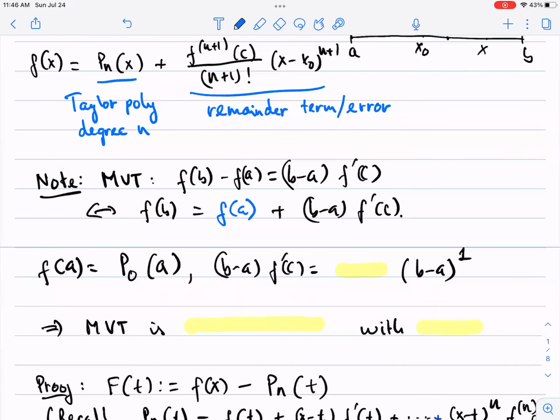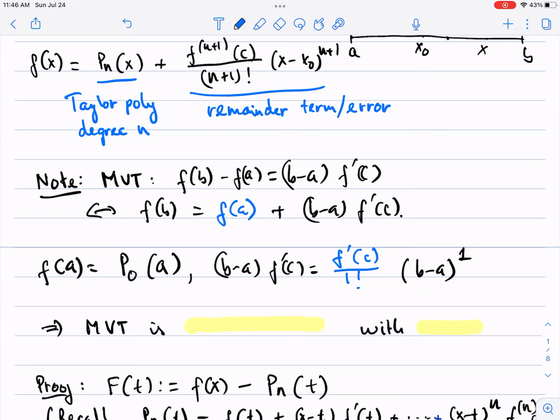And (b minus a) f prime of c is written as f prime of c divided by 1 factorial times (b minus a) to the 1.